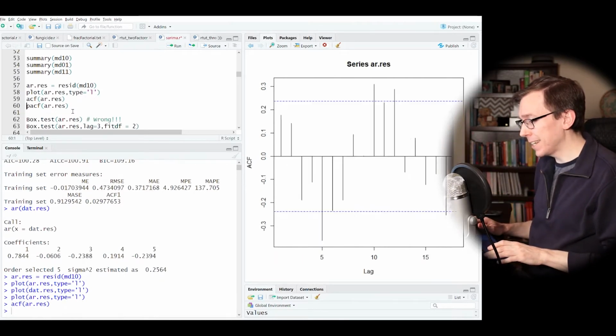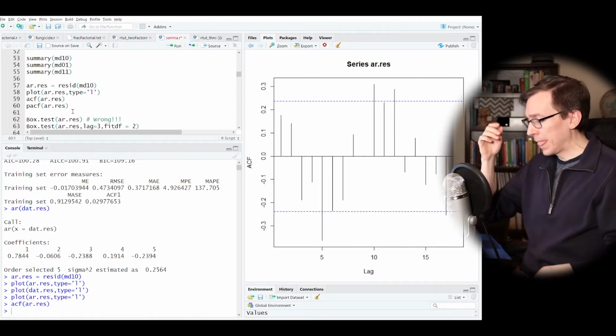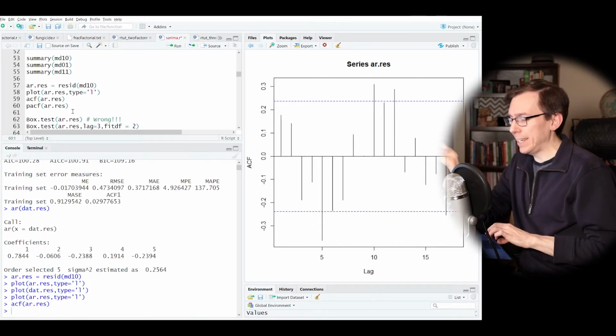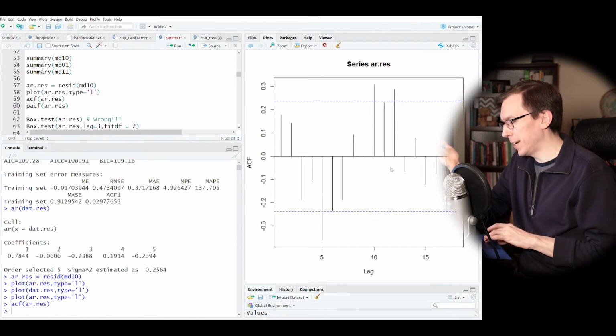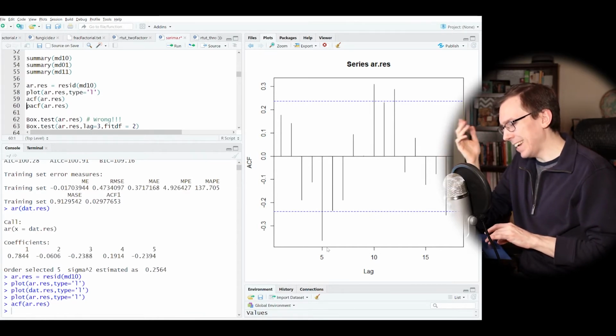So let's plot the ACF. Okay, so now we don't see any big spikes, but we still see a weird periodic trend. In this case, it oddly enough seems to have a spike at 5 and a spike at 10, and then there's another one at 12.